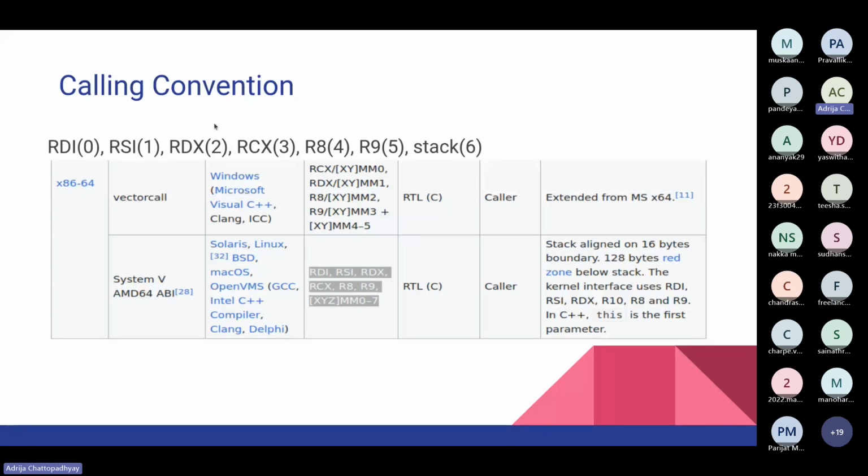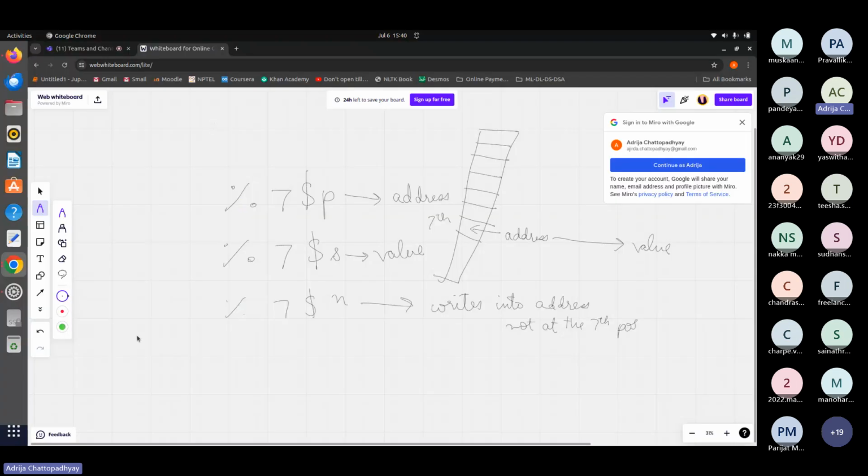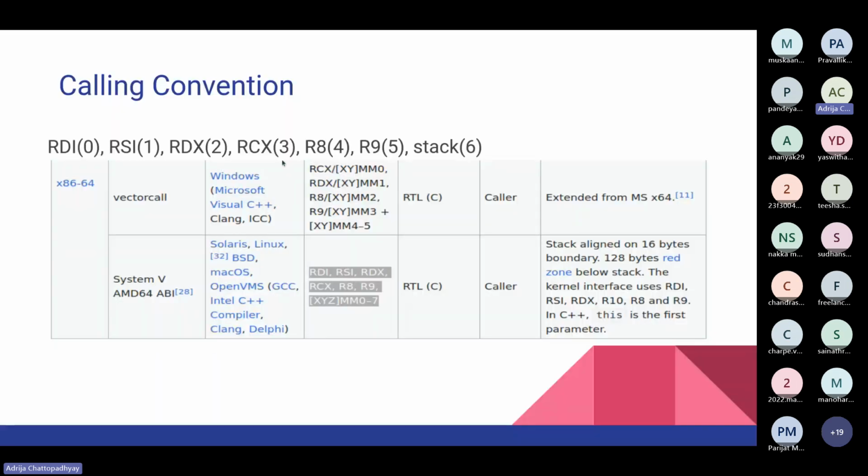If I do two percentage p's, it'll print whatever's on the second one. With three, it'll print the first one from RSI, the second from RDX, then the third from RCX. I keep printing a few till I get to the stack. The sixth one is where the stack begins, and I start printing out inputs on the stack.